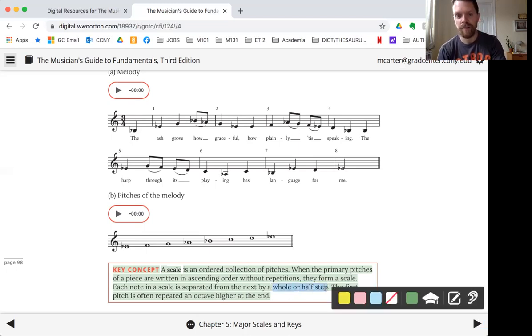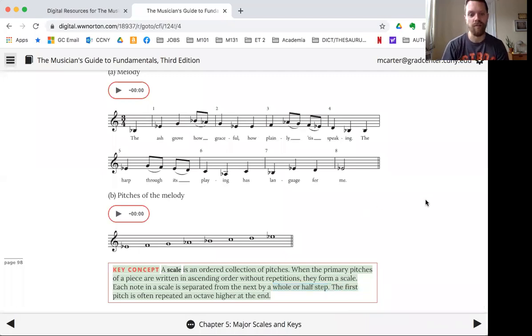Very important, because it's going to make things easier. It's either a whole or a half step that separates one note from the next in either direction. The first pitch is often repeated an octave higher at the end, right? So E flat here, and then E flat at the end.